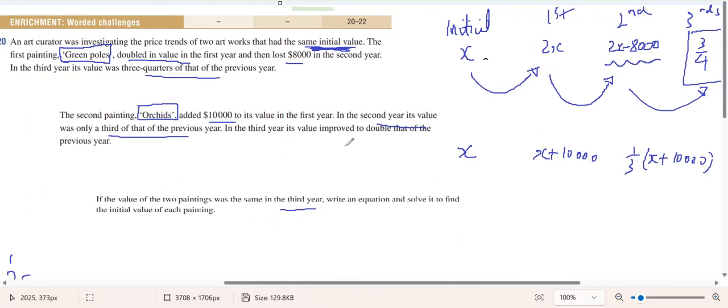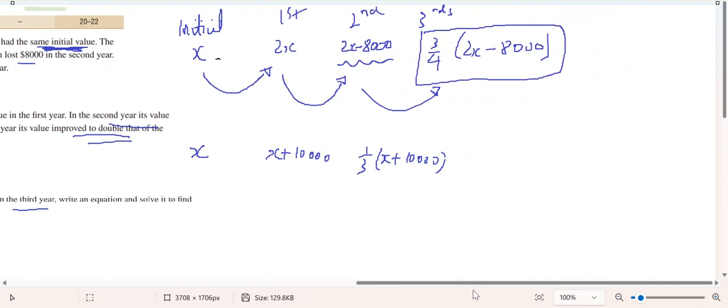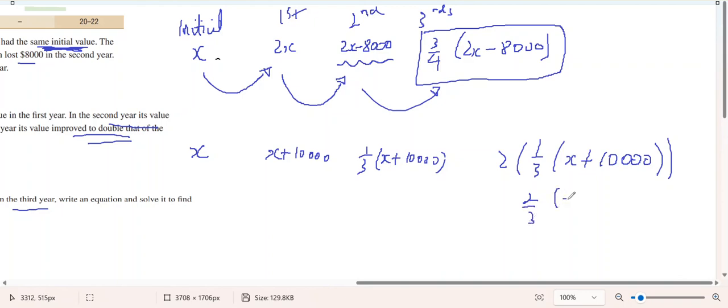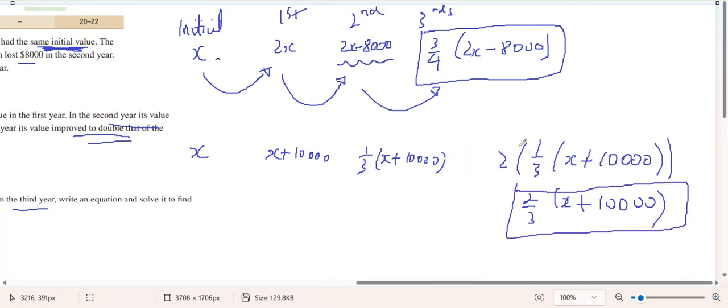And in the third year, it doubled what it was in the previous year. So it's going to be 2 lots of 1/3 times X plus 10,000. Or 2/3 of X plus 10,000.